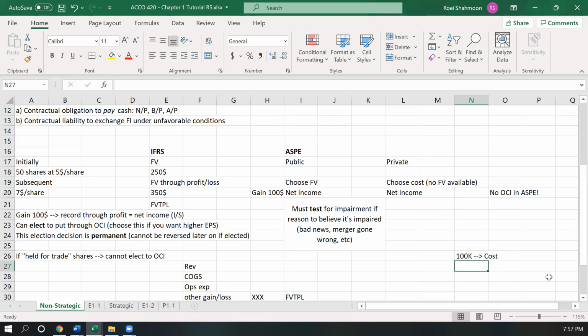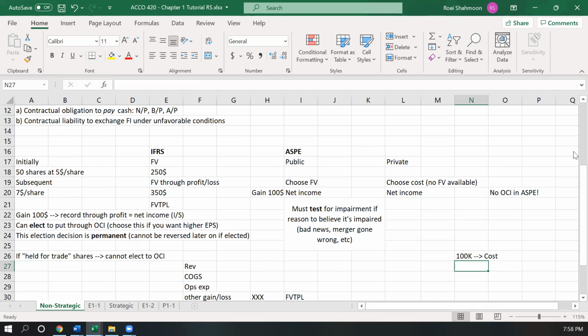Now, the catch with this one is that ASPE requires you to test for impairment if there is reason to believe that this asset needs to be impaired. And you guys know under IFRS, it's something you have to check annually, like goodwill. But for ASPE, you don't have to do it annually, only when there's reason to believe. For example, why would I ever believe that something bad happened? Well, there's bad news, right? Maybe the CEO embezzled the company and ran away.